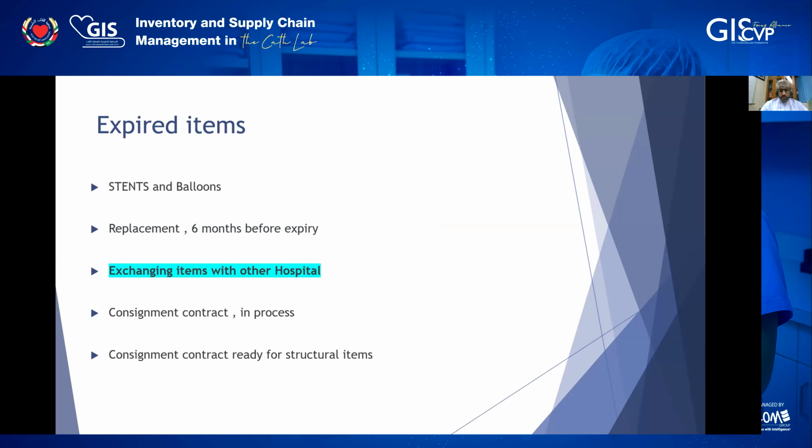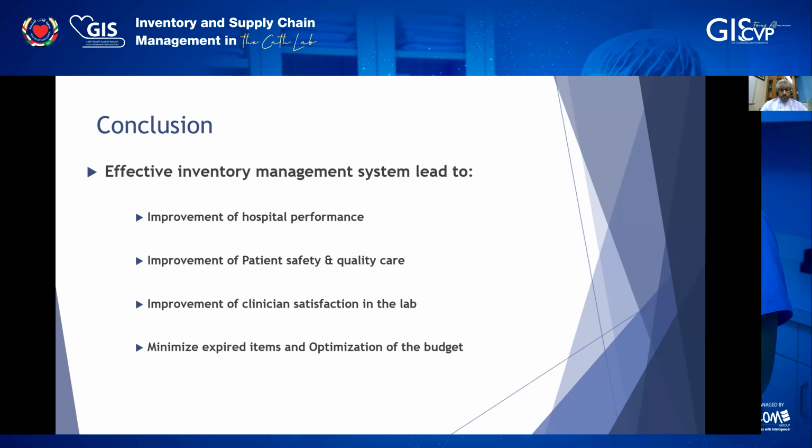Later on, the vendors did not seem able to do that, so we started exchanging items with other hospitals in the country whenever possible to make sure we don't have a long list of expiry. And I believe a consignment contract for both structural and stents and balloons will help a lot in this matter.